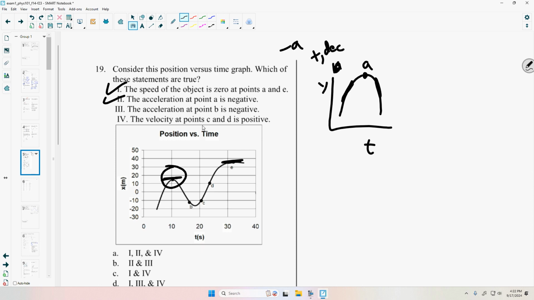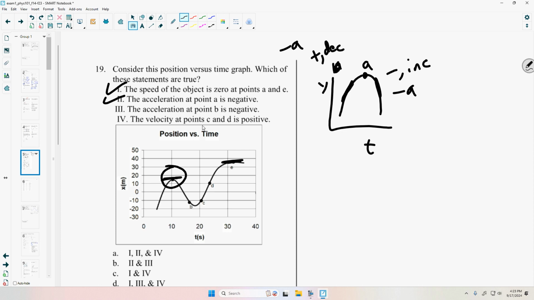On this side, I have a negative increasing slope. It's negative and it's getting steeper. So that means that the acceleration is in the same direction as the velocity, which is negative because the slope is negative. So that's a negative acceleration. So the acceleration at point A is negative.